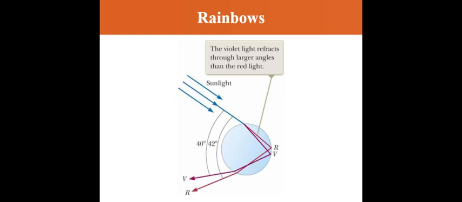And a lot of reflections can happen before the light beams actually get out of the water drops, but the most intense ones will come out after a single reflection off the back of the drop, and then they'll refract back into the air. As you can see here in the drawing, the most intense rays of light will come out after only one reflection off the back, towards the bottom left, and refract back into the air.